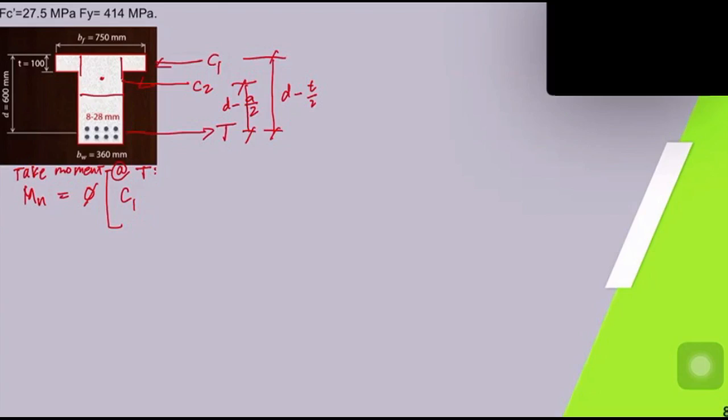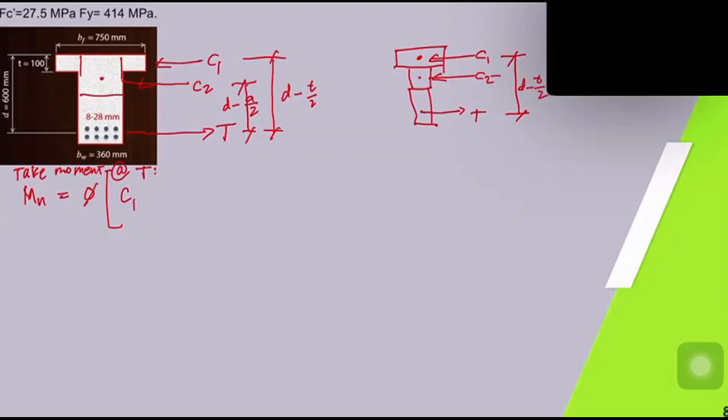And how about kung the other way around? So halos sa moment arm lang naman yung kaibahan niya. So pag ito is we have C1, pag ito is we have your C2, and then the tension is T. So kung ito naman yung kwan mo, this is D minus T over 2.